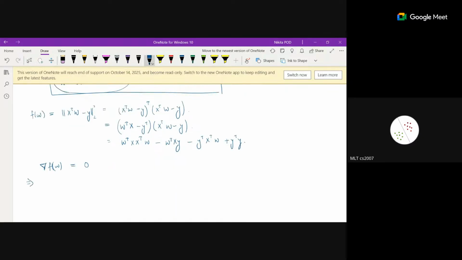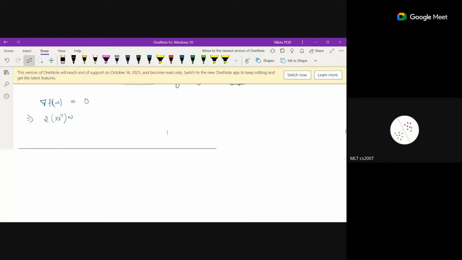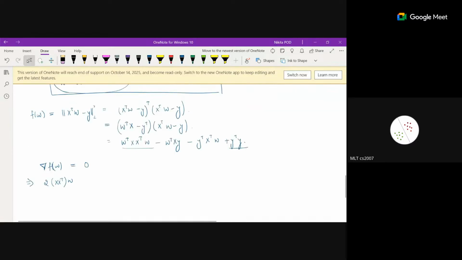What we will get from the first term is 2 times x x transpose W. If you look at the last term, this does not have the W in it, so this goes to 0. And let's look at the second and the third term. The second term says W transpose x y, right?